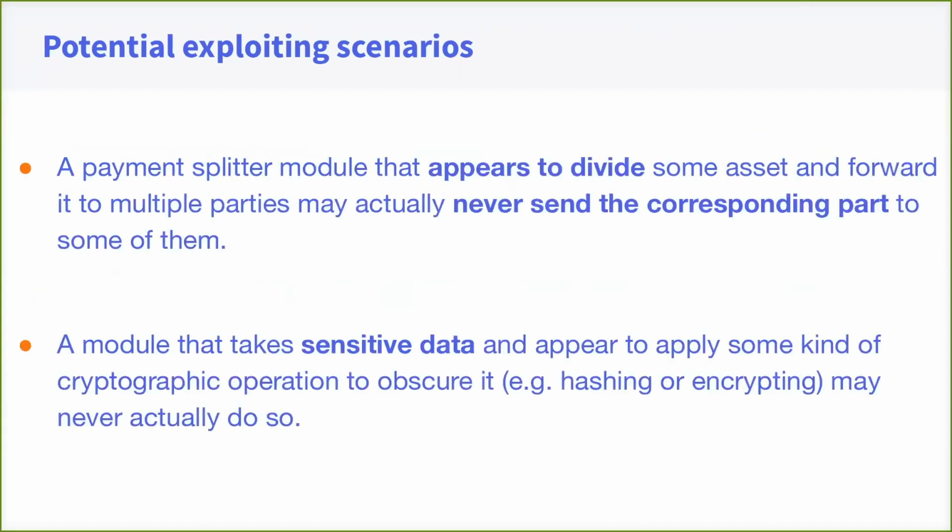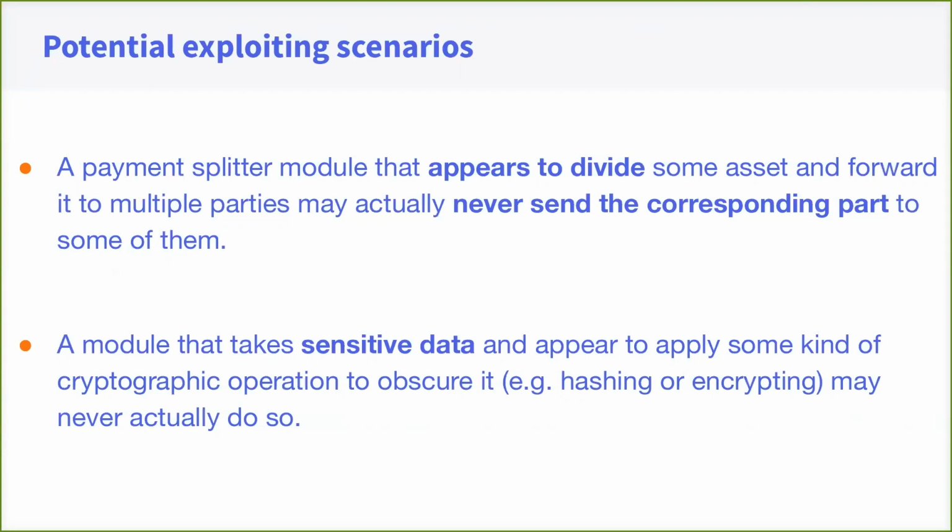We can think of payment splitter modules that divide assets, but at the end of the day, they don't. Or we can think of modules that treat sensitive data in a way that is not the expected one. You could think of modules that claim to hash or encrypt data, and they don't.